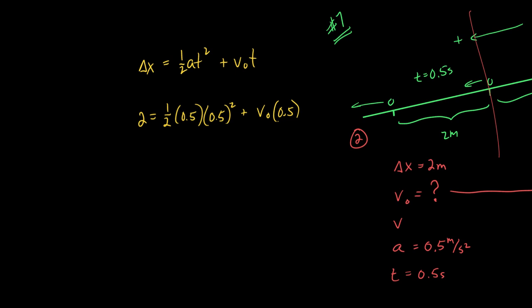Any questions yet? All right. 0.5 squared is 0.25, and half of 0.5 is 0.25, and 0.25 times 0.25 is 0.0625, I think, right?